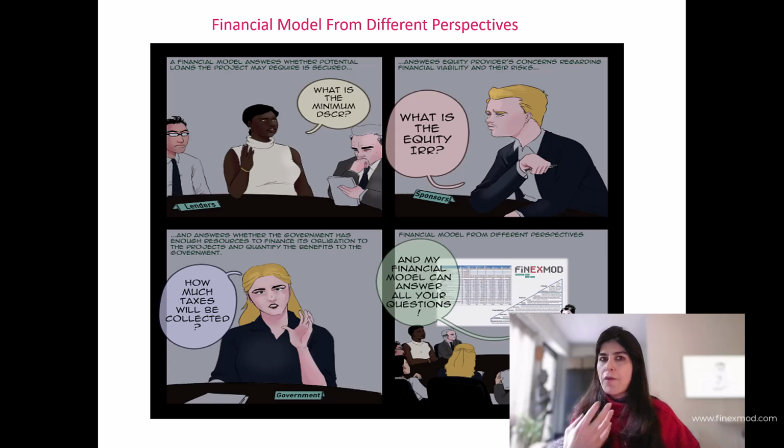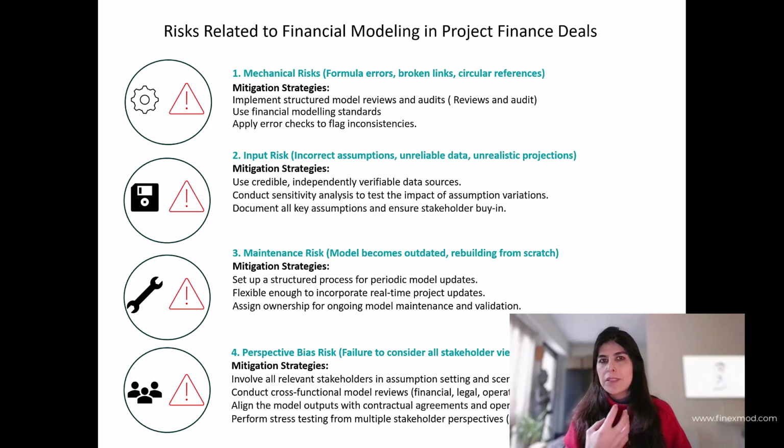So in order to avoid that, how you can mitigate that, again, it all depends on the financial modeling capacity within the evaluation team. You need to have someone that from day one understands where this project is going.